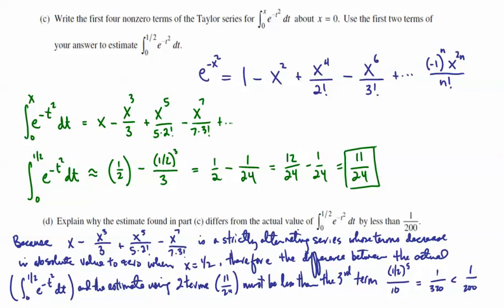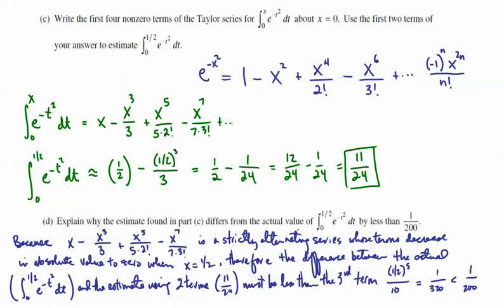Since we're working with an alternating series, it meets the criteria of the alternating series test because it's strictly alternating. The terms decrease in value to absolute 0 when x is equal to 1/2.